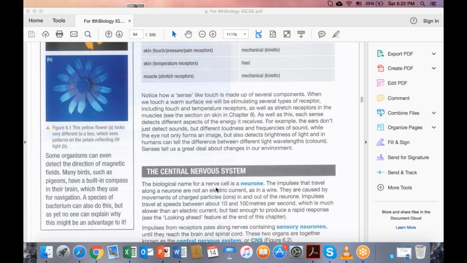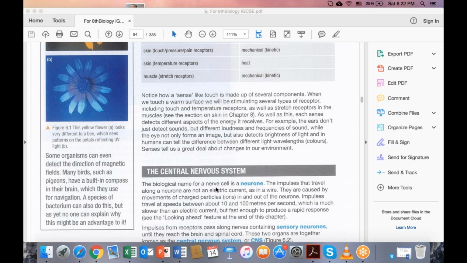So in the central nervous system and in the peripheral nervous system, we have different nervous system cells. We can say these are the units of the nervous system, and these units are called neurons. Neurons are cells adapted to their function.